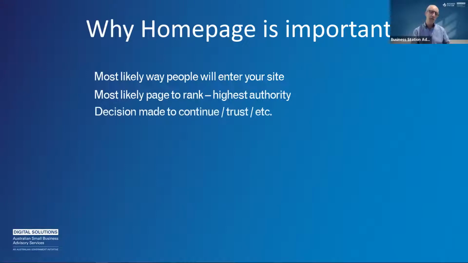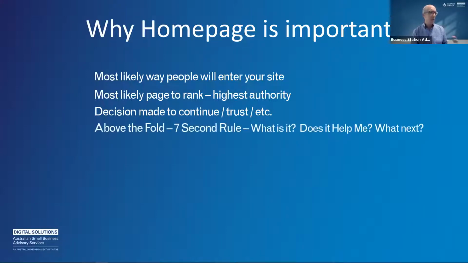It's also where your visitors are going to make that critical decision whether they continue, whether they trust you, or whether it's not quite what they were looking for and they're going to go somewhere else. Key to that is what's often called the 7-second rule, or the content above the fold. The first thing that they see is above the fold.